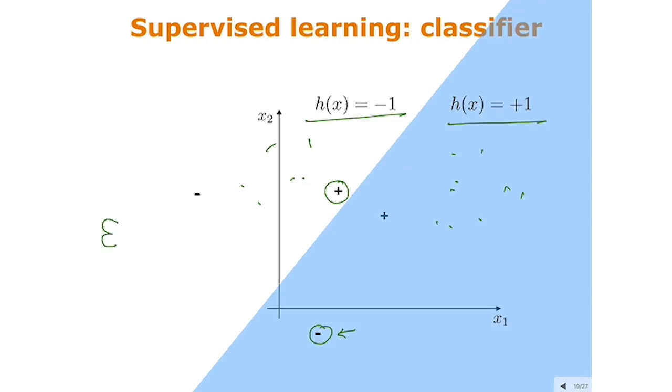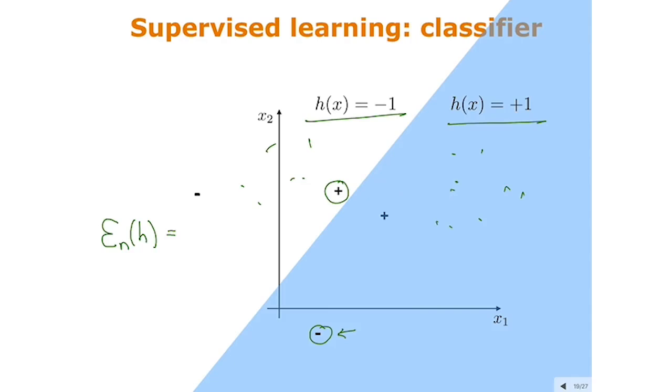So capital E is the error. It has subscript n that refers to the number of training examples that I have. And I apply it to a particular classifier. I evaluate a particular classifier in relation to the training examples that I have. Okay, how do I do that?